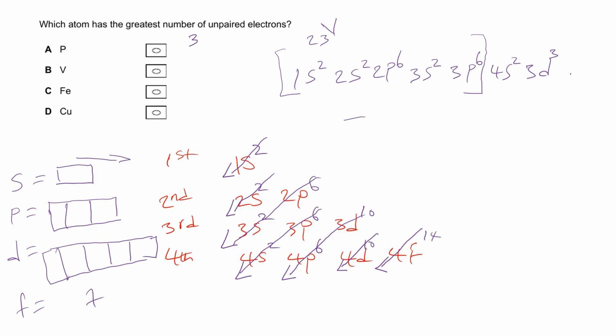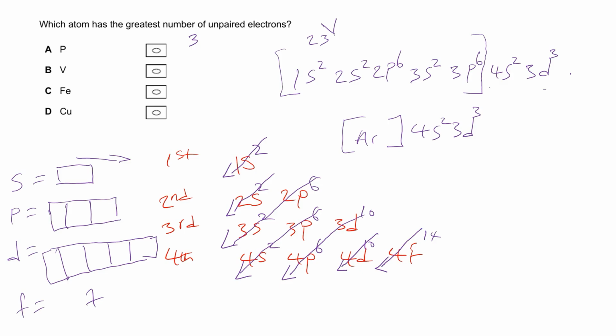So we now have argon in brackets, then you write the remaining configuration, 4s2, 3d3. This is how to write shorthand configuration. Okay, so now the last orbital of vanadium is the 3d orbital, 3d3, right?